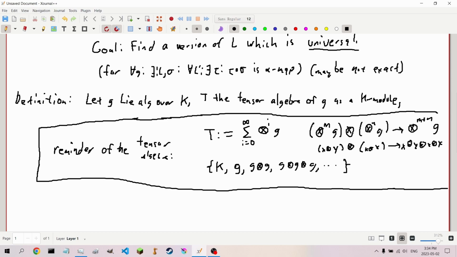So G is an algebra over K. T is its tensor algebra as a K module.